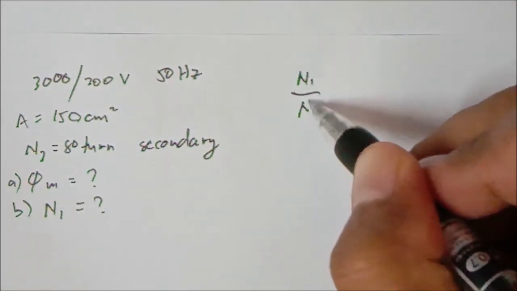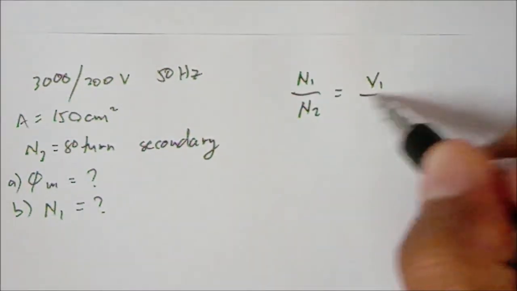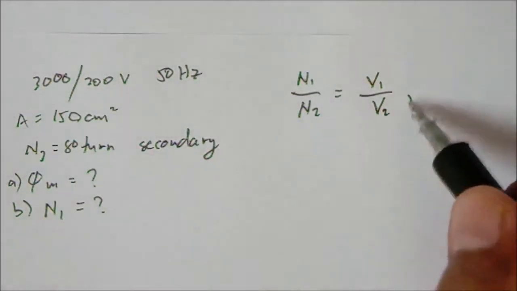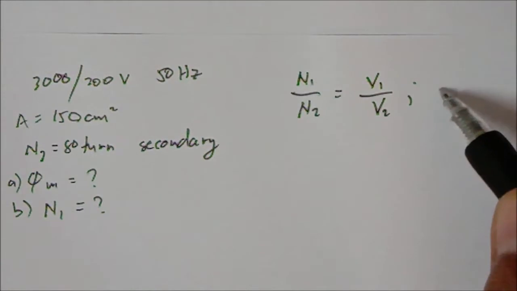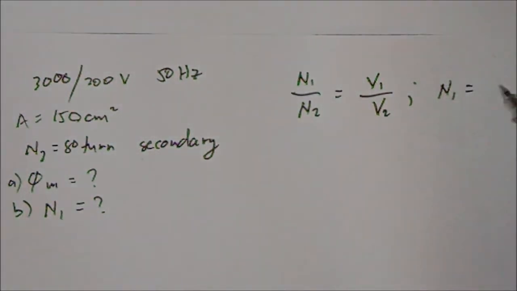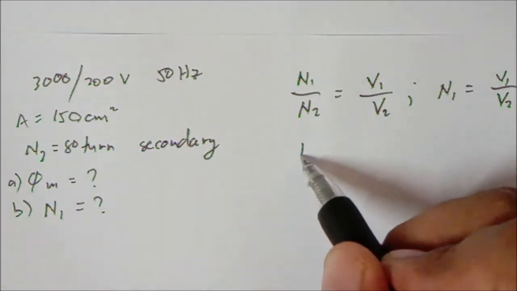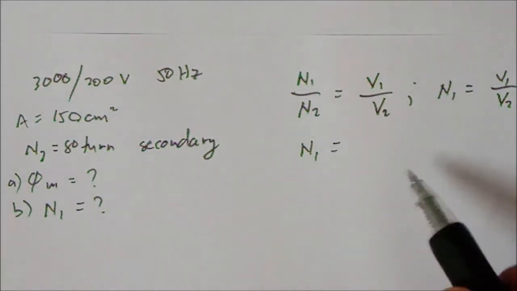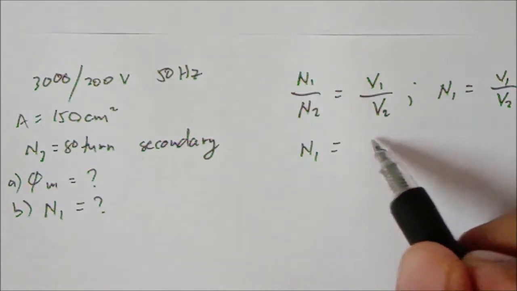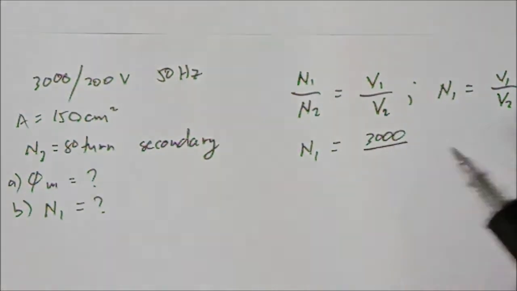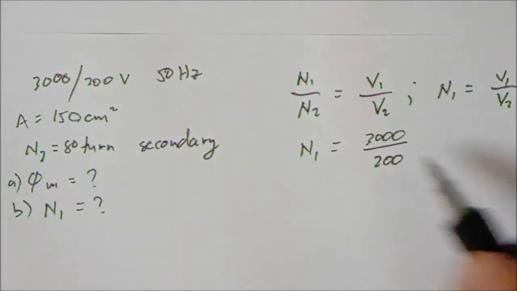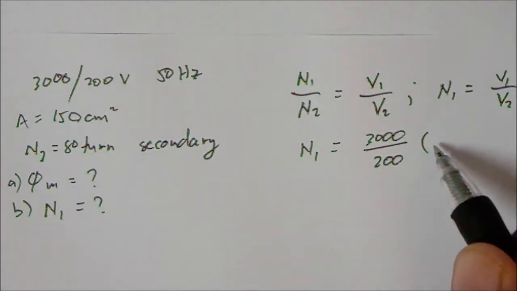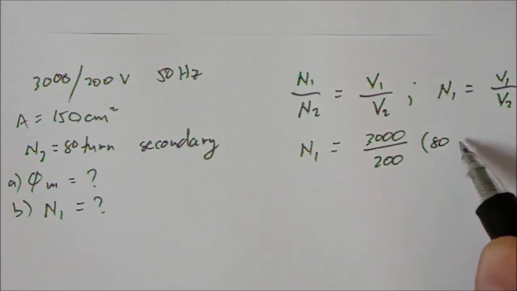So, N1 over N2 is equal to V1 over V2. So, malalaman natin na si N1 is equivalent to V1 over V2 times N2. So, N1 is equivalent to V1 natin ay 3,000, V2 natin ay 200, times N2 is 80 turns.